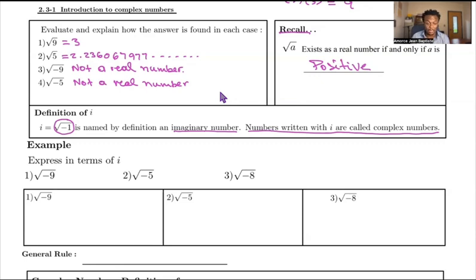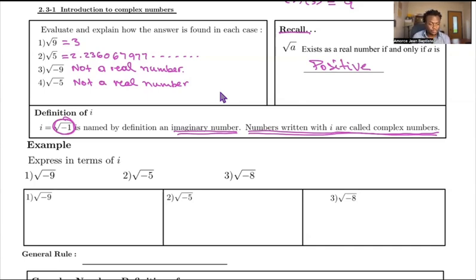Now, earlier we couldn't solve square root of -9. We couldn't solve square root of -5, but it looks like we can now. The fact that we know we can talk about an imaginary number, that's square root of -1. And also we know that a number cannot be a real number, but still be a complex number.